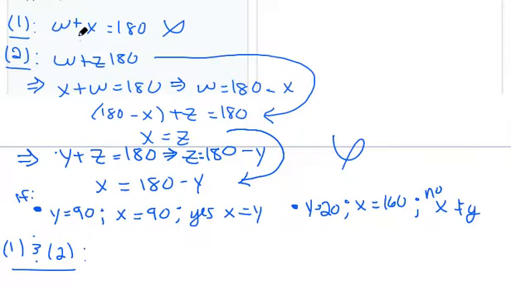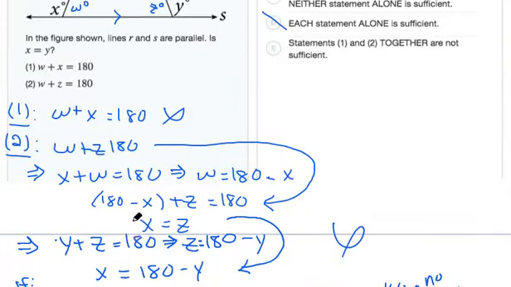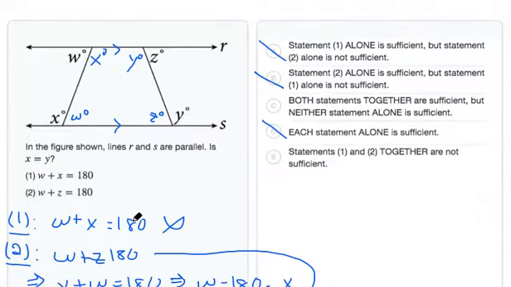We used that information when we reasoned out statement 2, because it holds for the entire problem, no matter that the statement also said it. So when we combine our statements, the only statement that gives us new information is statement 2. And since we reasoned that even with statement 2 we can't definitively answer the question, combining the statements is not going to help. So the two statements together will not be sufficient. If we scroll back up, we can eliminate answer choice C, and our correct answer is answer choice E. Statements 1 and 2 together are not sufficient.